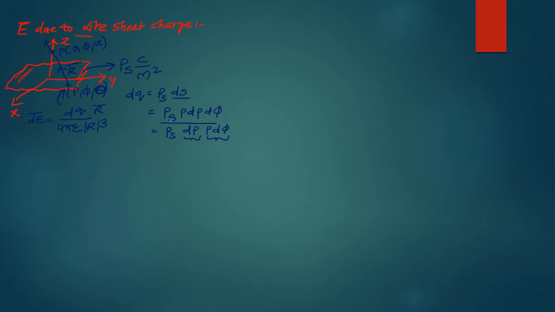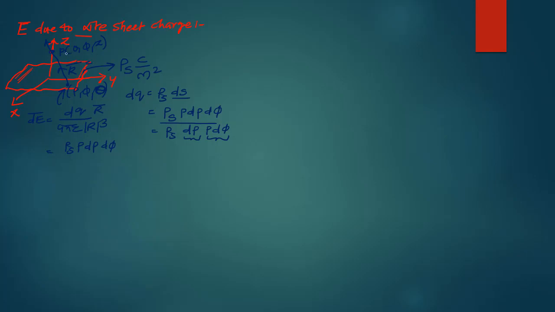So dq is equal to rho s, rho d rho d phi. And R bar is the observation point minus the source point.